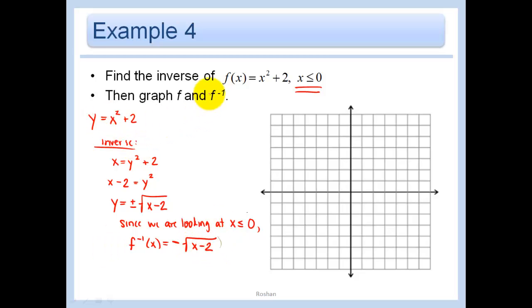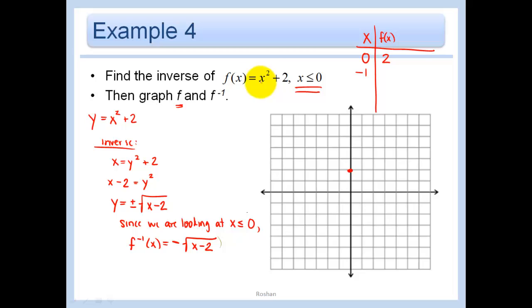Okay, in this one, let's start by graphing f, and I'm going to just make a table of values here. And so let's start with putting in a 0. That's nice and easy. If I put in a 0, I get out a 2, 0, 2. And then I want to put in a negative value, not a positive one, because x is less than or equal to 0. So let's put in a negative 1.